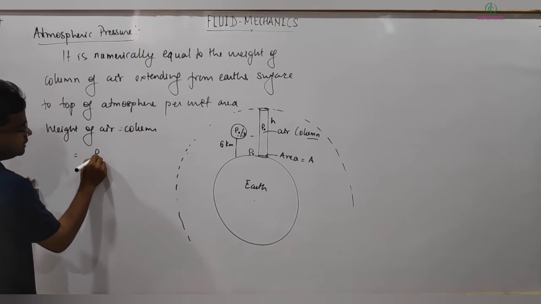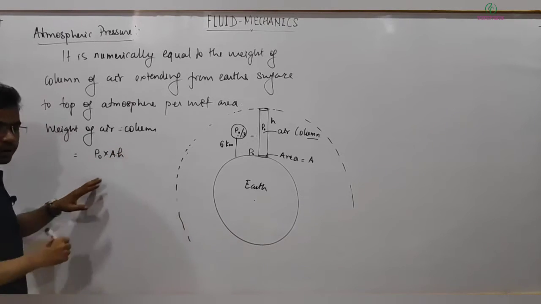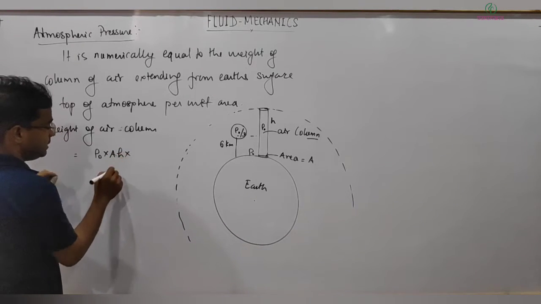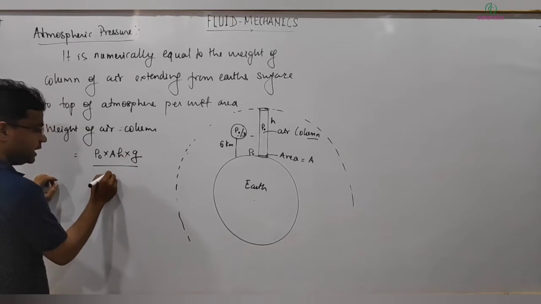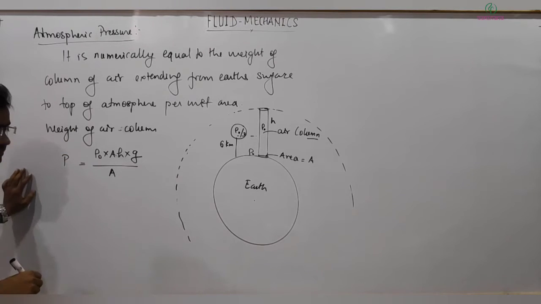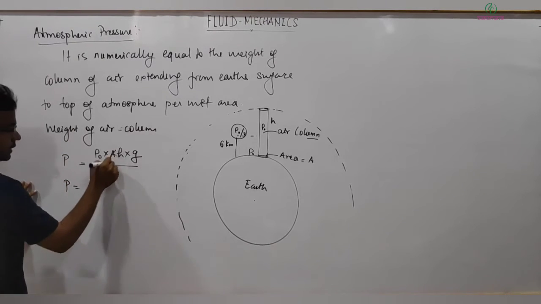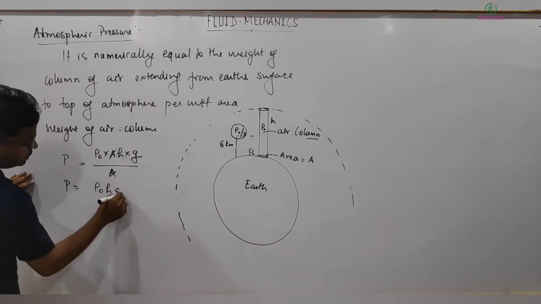Mass: first, mass is density multiplied by volume, so volume is area into height h, multiplied by g is the force, and divided by area, that will be your atmospheric pressure. This comes out to be rho naught into h into g.